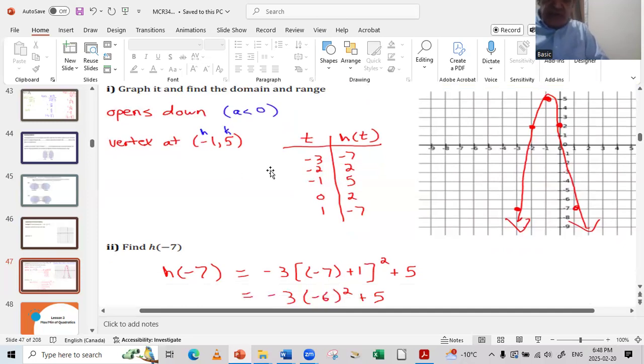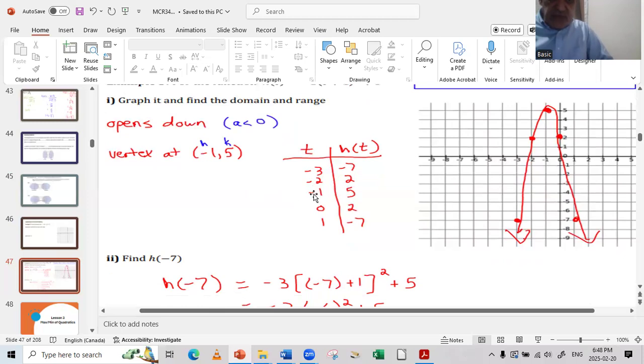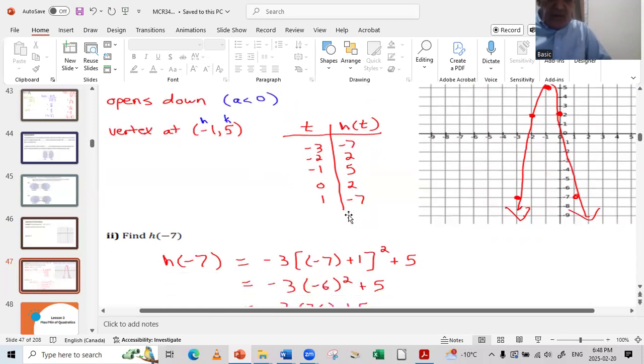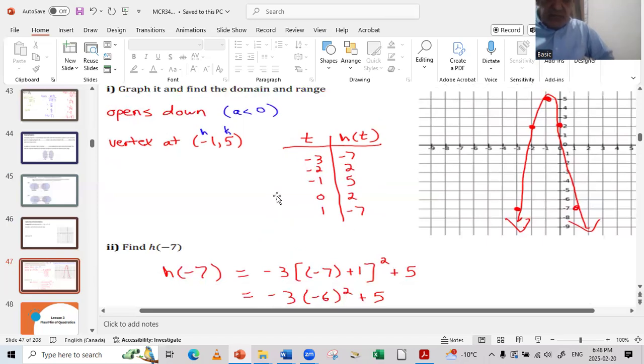This is the point of the curve. But if I want to graph it, I will replace with values, minus 3, minus 2, minus 1, 0, 1, and I will graph the other points, the t and the y. Then I will get the vertex, which is the point of the turn.